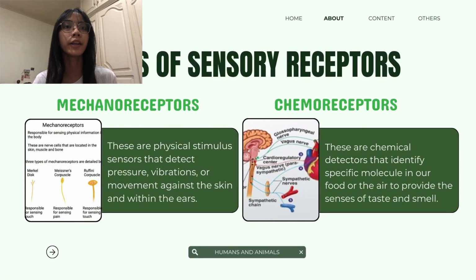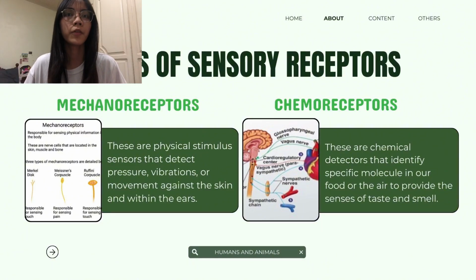When those signals reach the brain, it interprets them as how we smell, how something tastes, how it feels. So sensory neurons help us understand what is going on around our environment.